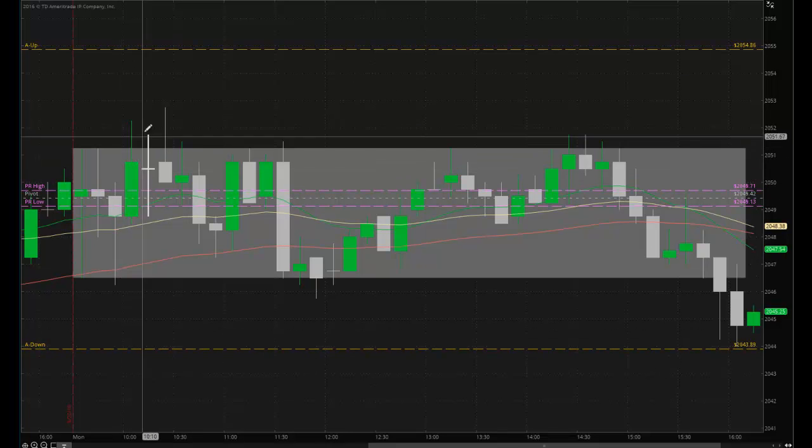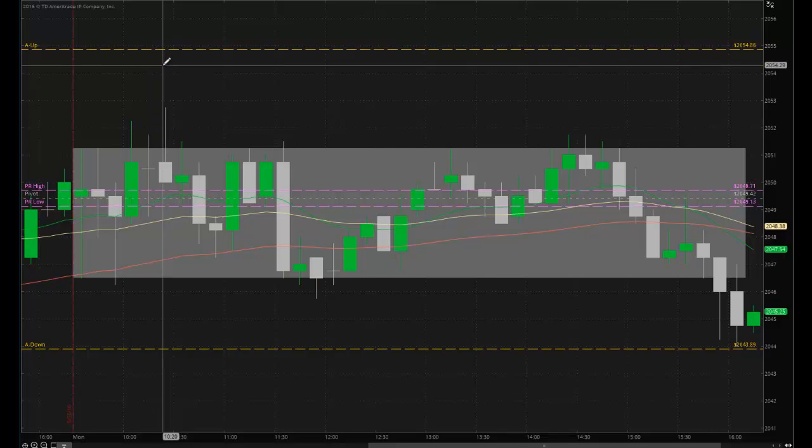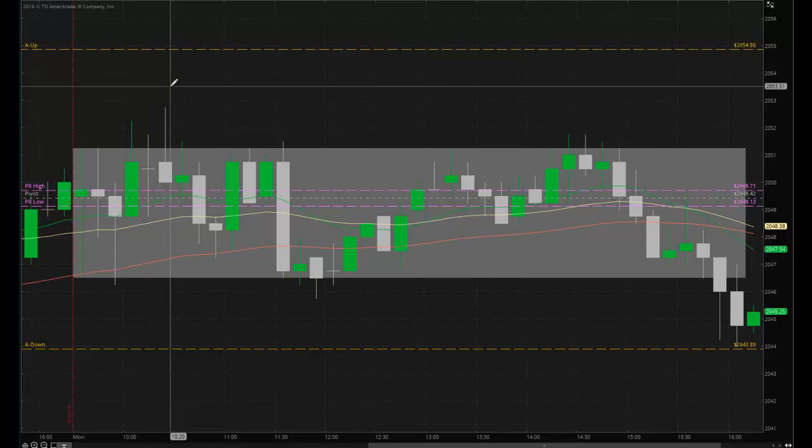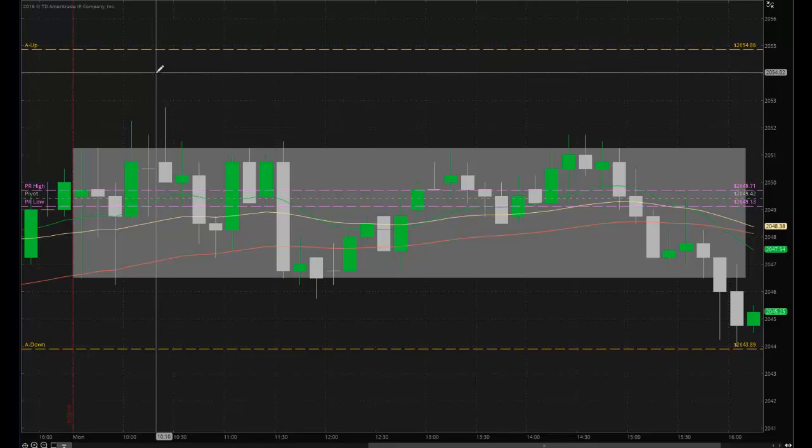If price can push to the price filter, then that's one part of the equation. The next part of the equation is, can it spend time there? Meaning, can the market get market participants to accept, let's say in an A up situation, higher prices?